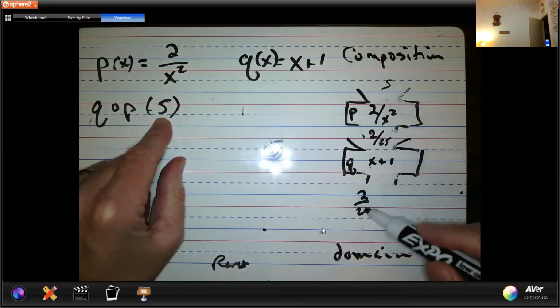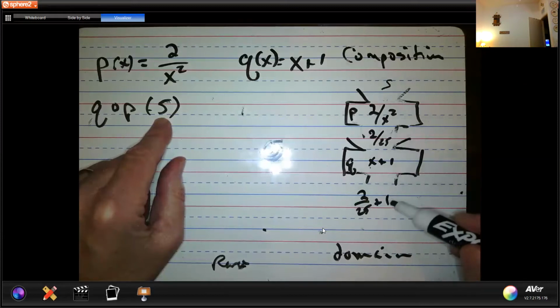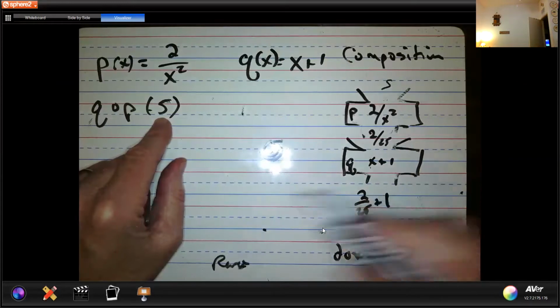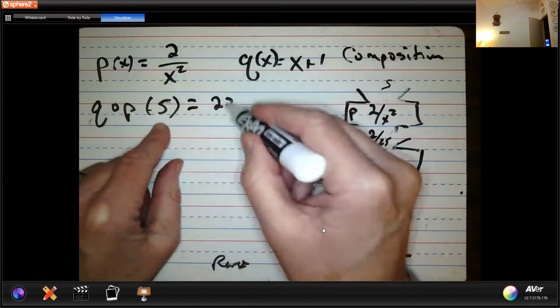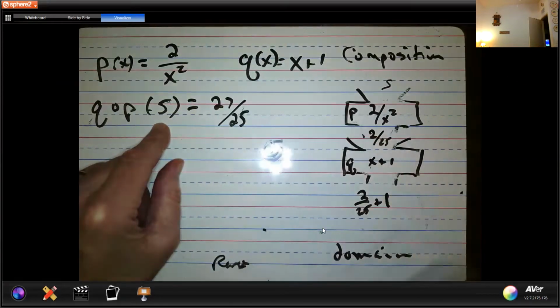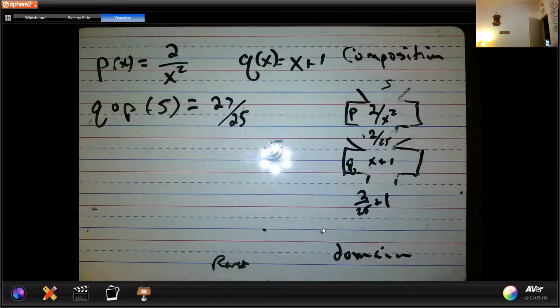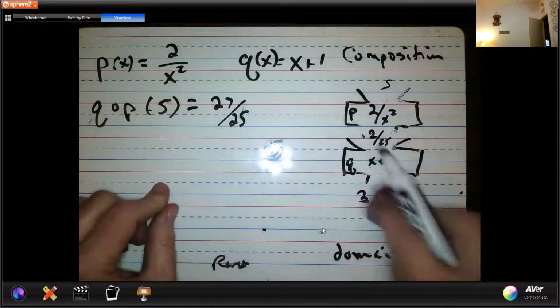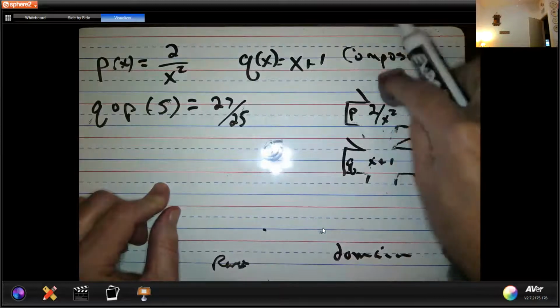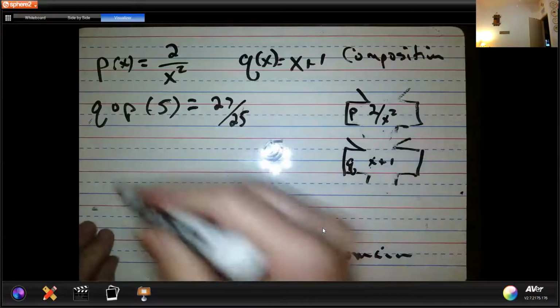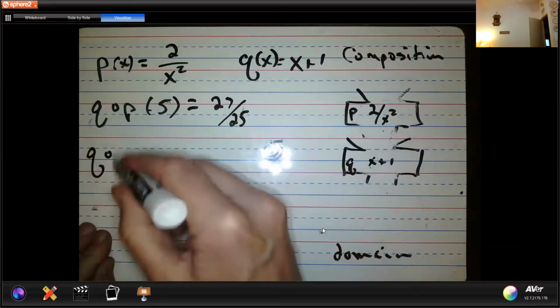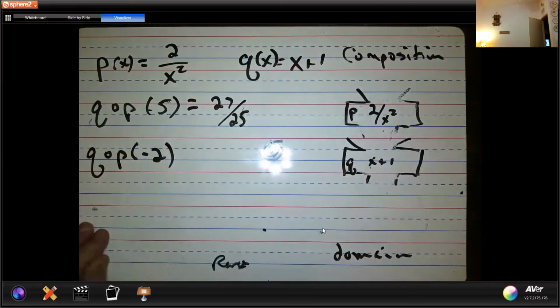2 divided by 25 plus 1. 2 over 25 plus 1. Well, 1 is 25 25ths. Plus 2 more would be 27 25ths. And if you want to write a decimal, you can. I don't know why anybody would want to. Fractions are so much better. How about Q circle P of negative 2?